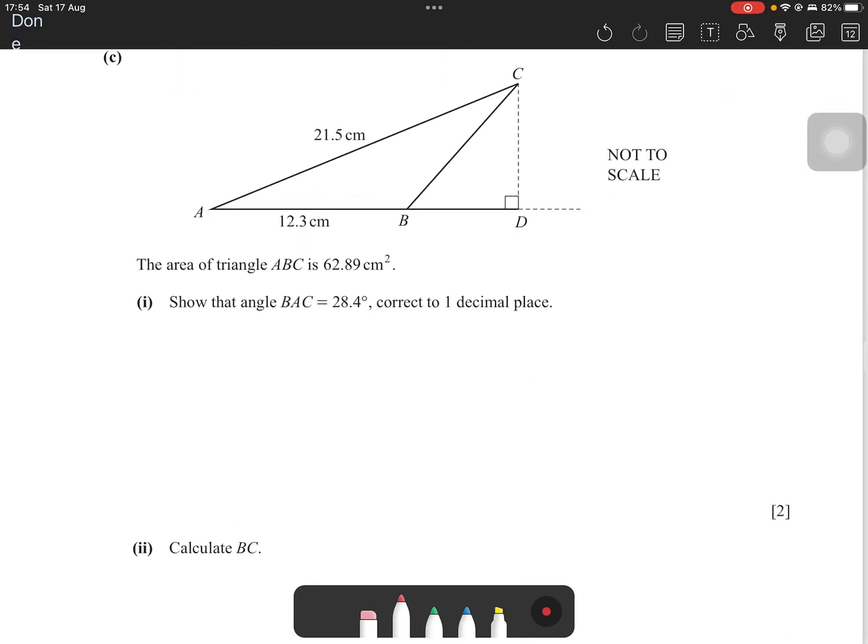C. The area of the triangle ABC is 62.89 square centimeters. Show that the angle BAC, this angle, is 28.4 degrees, correct to 1 decimal place. You know that the area of the triangle can be calculated as 1/2 of AB times AC times sin A. So in this case, the area of the triangle is 62.89 square centimeters.